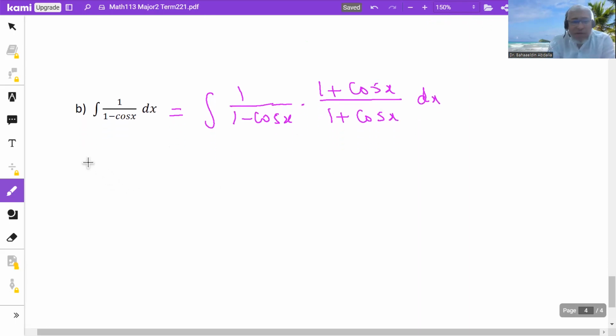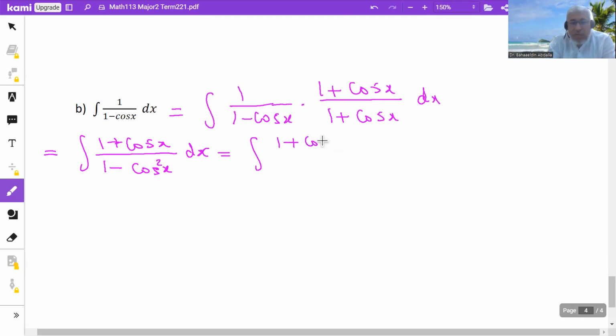I'll have in the numerator 1 plus cosine x, and in the denominator 1 minus cosine times 1 plus cosine would be 1 minus cosine squared x, like x minus y times x plus y is x squared minus y squared. But 1 minus cosine squared is just sine squared, because sine squared plus cosine squared is 1.